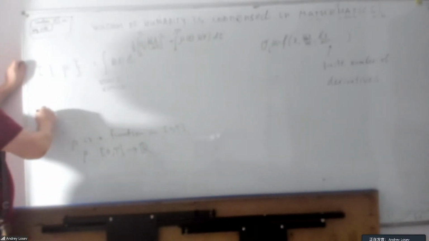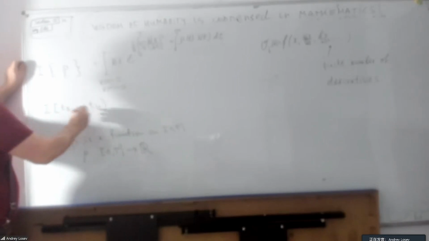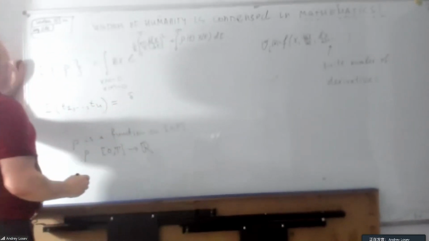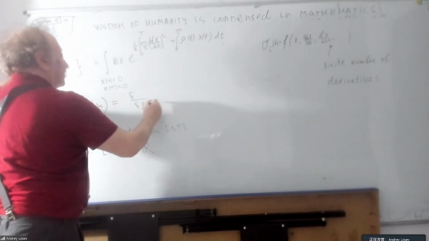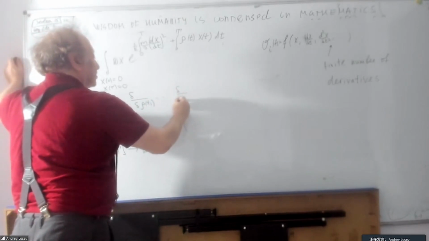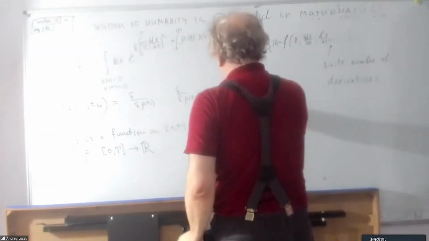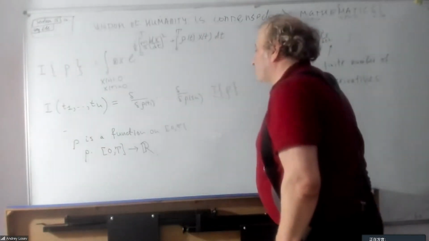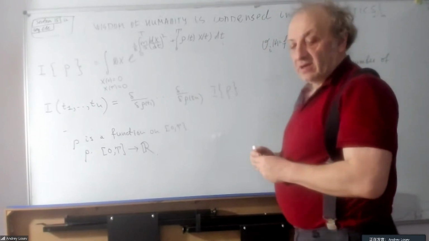Then I of T1 through Tn would be just variation with respect to rho of T1, variation with respect to rho of Tn, applied to I of rho.